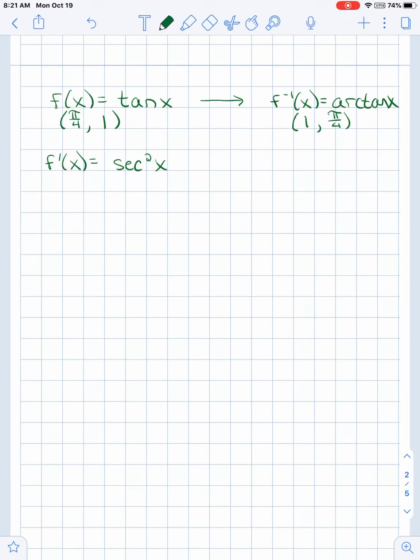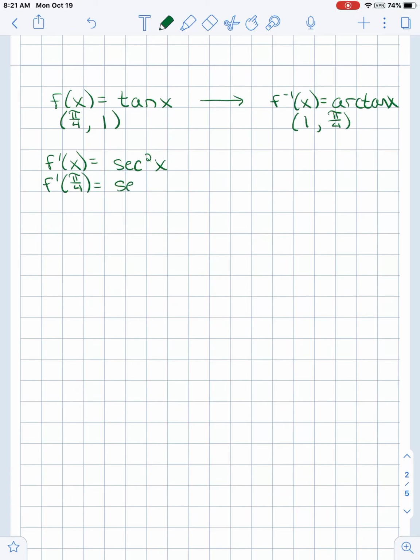So I'm going to show you why this is going to come in handy, because finding the derivative of tangent x is not hard, but then trying to figure out what the secant squared of pi over 4 is can trip people up. I'll show you why. So let's find the derivative at pi over 4.